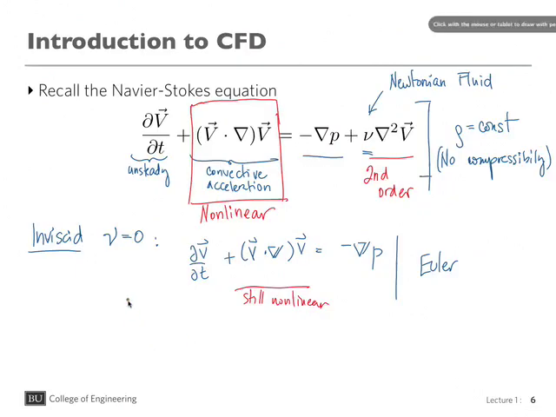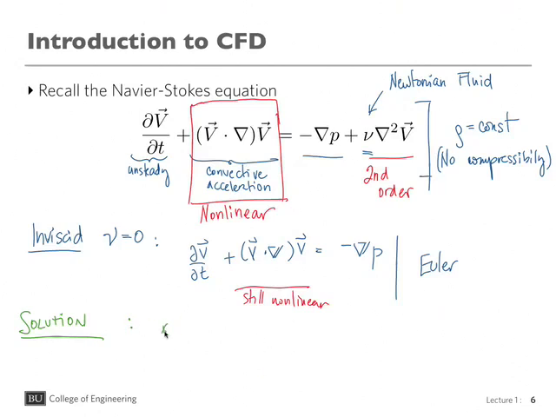So now a question is, what is CFD? CFD is where we analyze fluid systems by means of computer simulation to get a solution. What is a solution? What constitutes a solution of this system? First of all, we want to know the velocity.